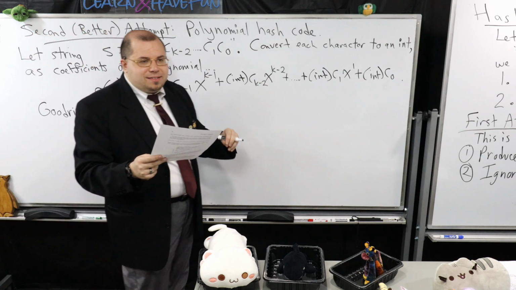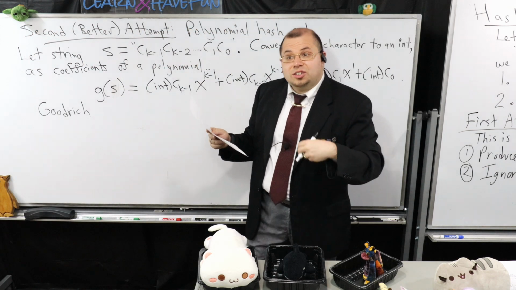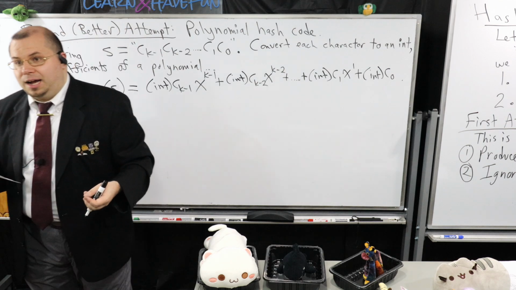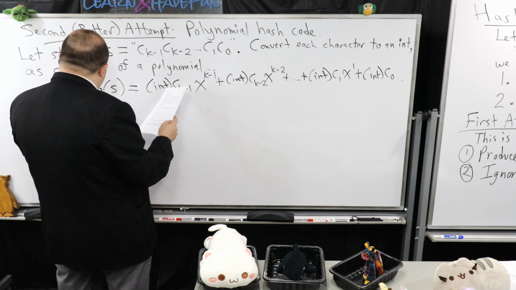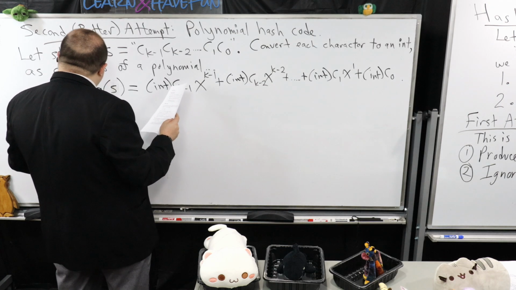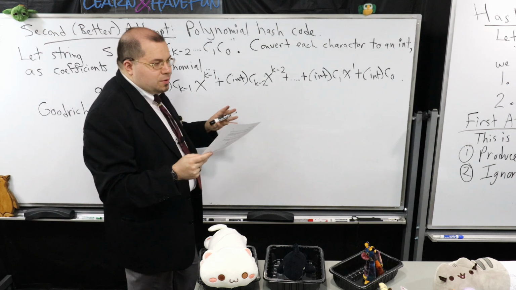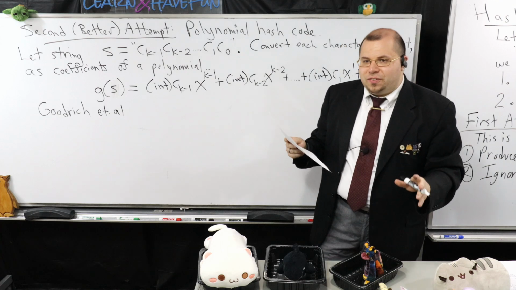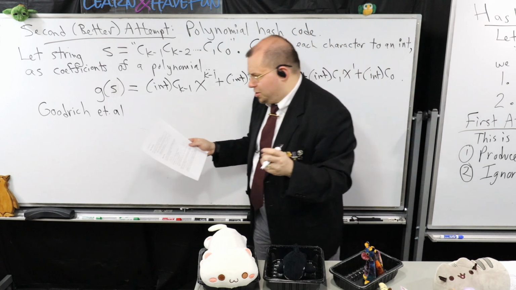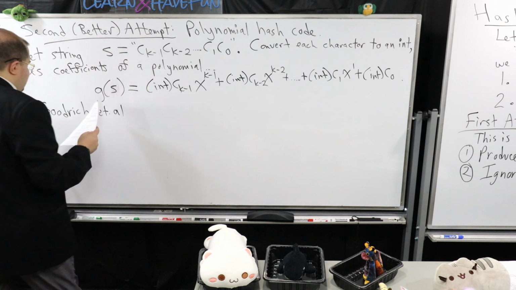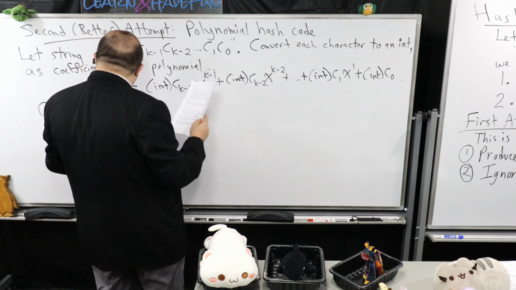They actually provide some of these values in there, and they describe the experiment that was done. So in Goodrich et al., if you're looking for more details about this, you'll find it in the optional or supplemental text in the course outline.